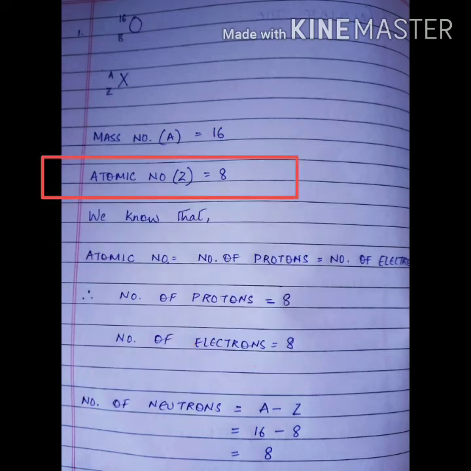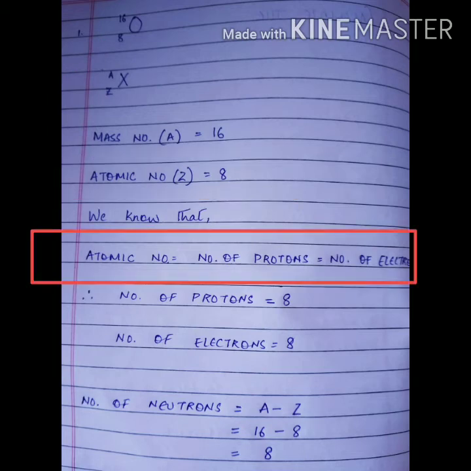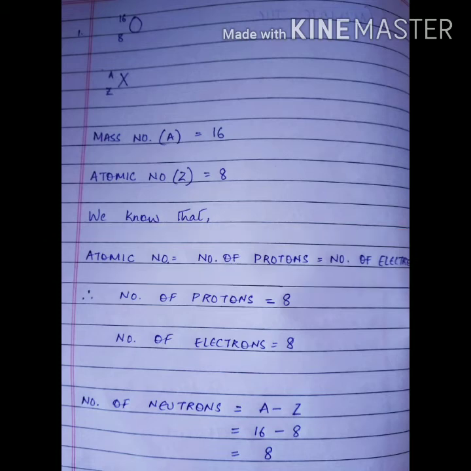We have already discussed atomic number equals number of protons, which is equal to number of electrons. Therefore, if atomic number is 8, number of protons will also be 8 and number of electrons will also be 8. Now we have to calculate the number of neutrons.